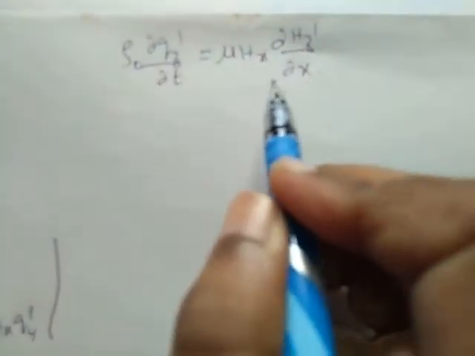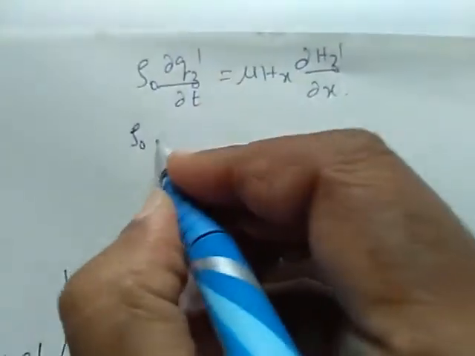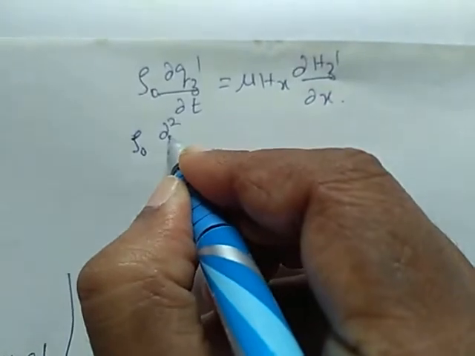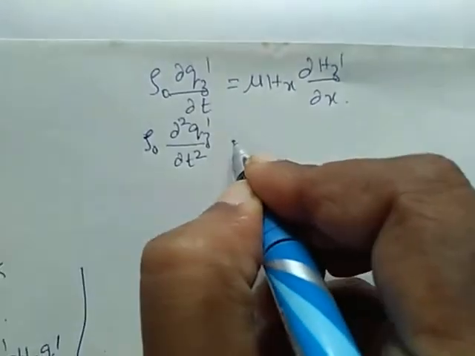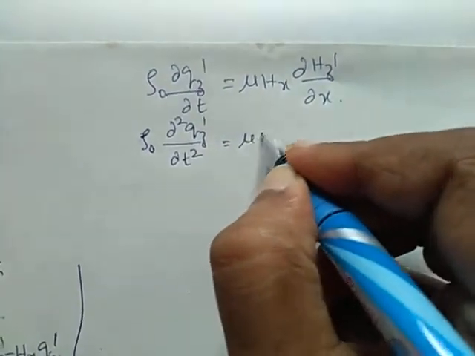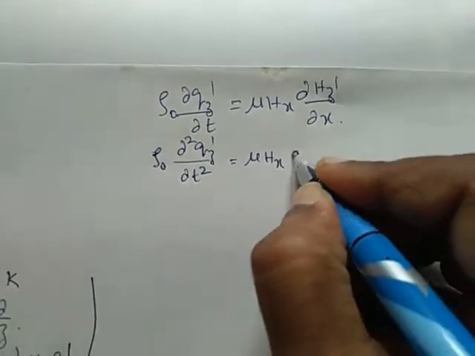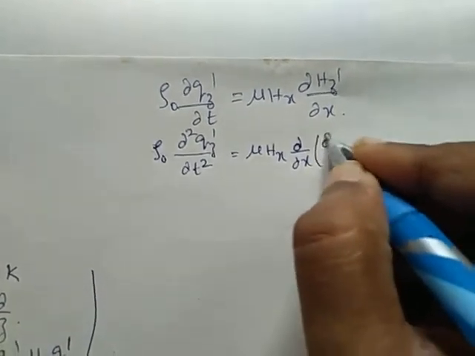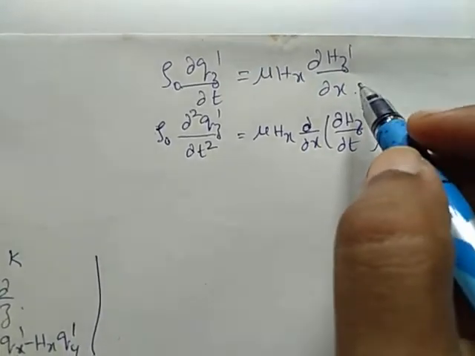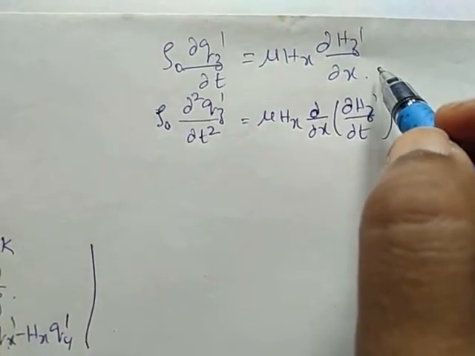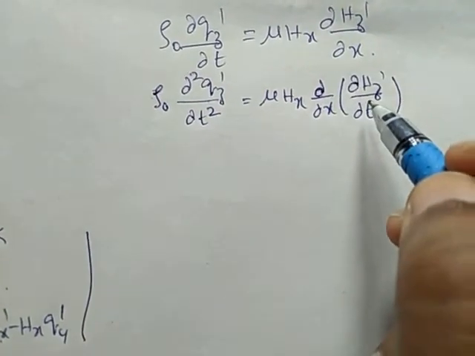Rho naught is constant. Differentiation becomes ∂²q_z'/∂t² equal to mu Hx ∂/∂x of ∂Hz'/∂t. I am differentiating equation 11 with respect to t. We will get this equation.